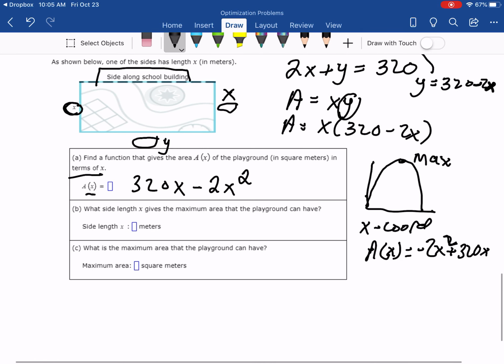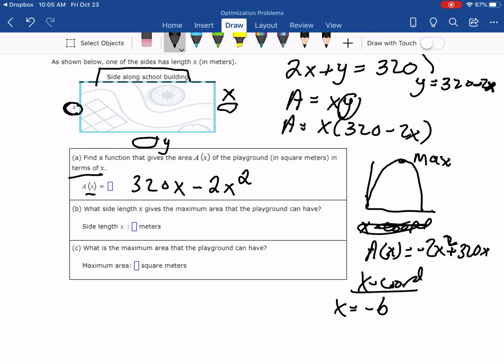Okay, so the x-coordinate, x equals negative b over 2a. That'll be negative 320 over 2 times negative 2, which is 320 over 4, which is 80. Okay, so the side length that gives the maximum area is 80 meters.